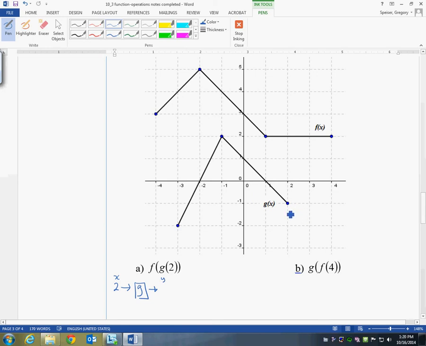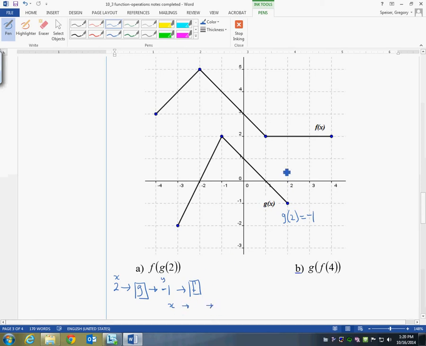In other words, g at 2 is equal to -1. So here I put a -1. Now that becomes my new x value when I plug it into the outer function, f.